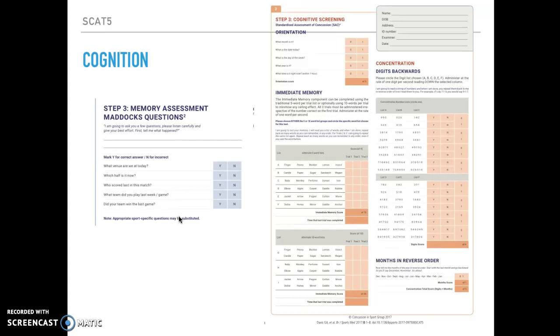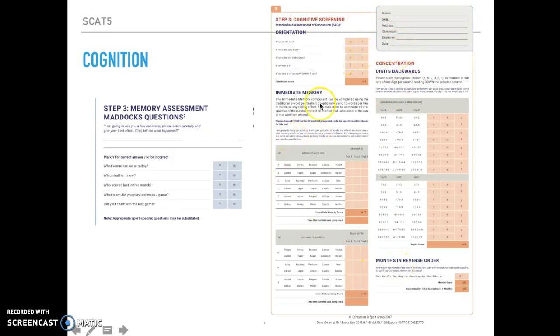So right now, the purpose of these Maddocks questions is to get an idea of whether cognition is impaired. Okay, so again, this points us in the right direction when we're doing our initial assessment. On a follow-up assessment, we're looking at these things on the right-hand side over here: orientation, immediate memory, and concentration, and with the concentration, we're doing digits backwards and also months in reverse.